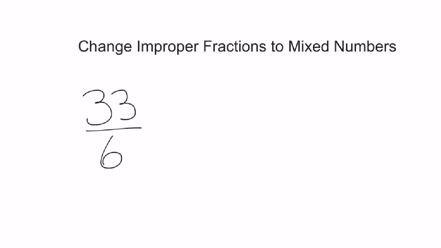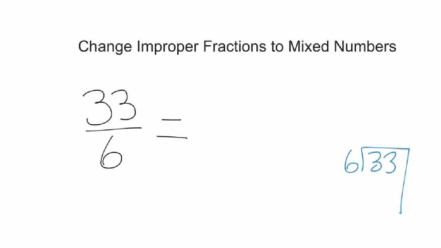Let's try another practice on your own. 33/6. Go ahead and change that to a mixed number on your own. Pause the video and come back to see the answer. I'm going to start solving, so we're going to do 33 divided by 6.